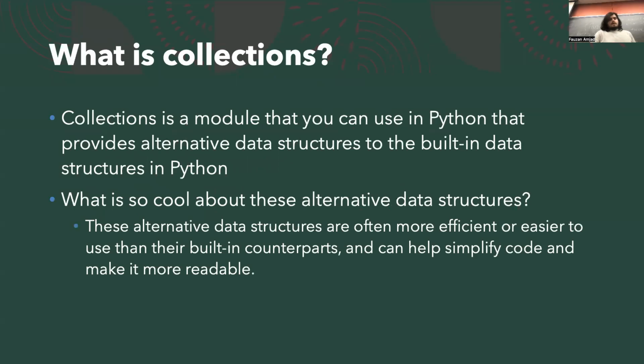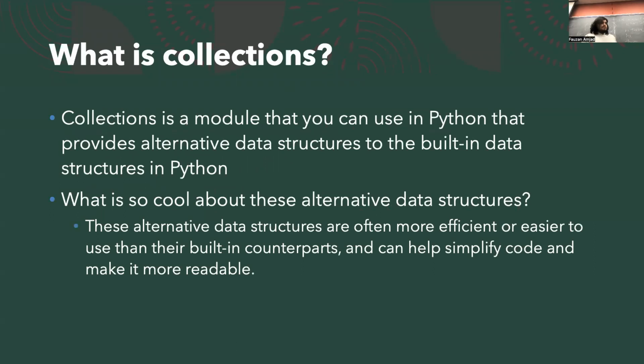Collections is a module you can use in Python that provides alternate data structures to the built-in data structures in Python. We've already discussed three of those data structures, which were lists, tuples, and sets. But collections allow you to make deviations of those data structures that have pretty cool applications.